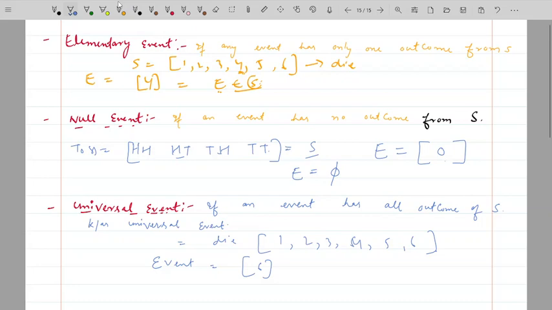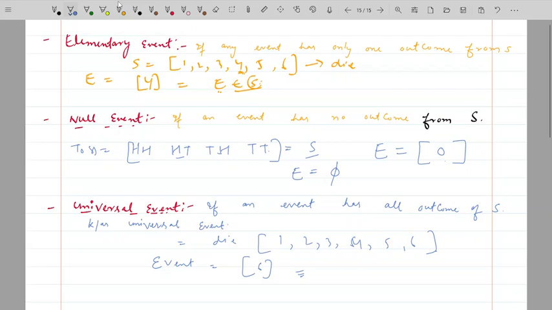That is called the universal event. So when you get all the possible outcomes of the sample space, that is called the universal event.